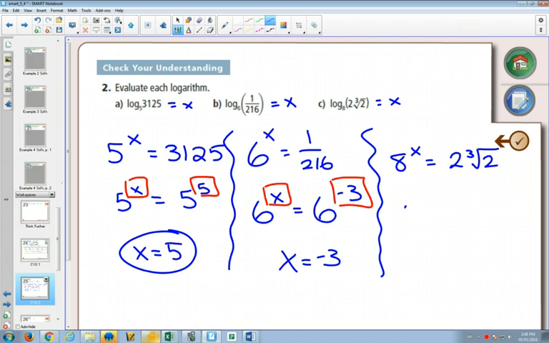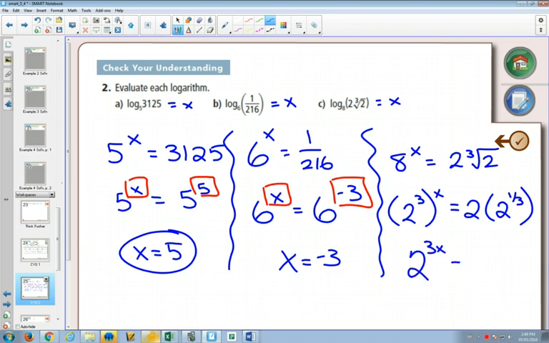So 8 you could write as 2 cubed. The cube root of 2 you could write as 2 to the 1/3. And what we want to do is use our exponent laws to write both sides as a single power. So a power to a power, what's the exponent law there? Multiply. What exponent law am I going to use on the right-hand side? Add them, right?